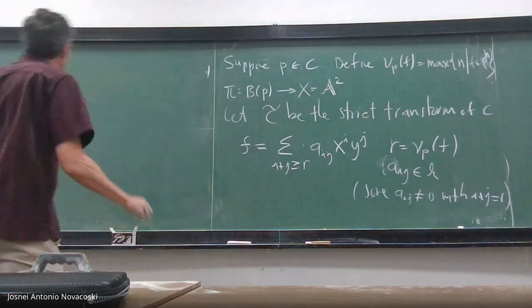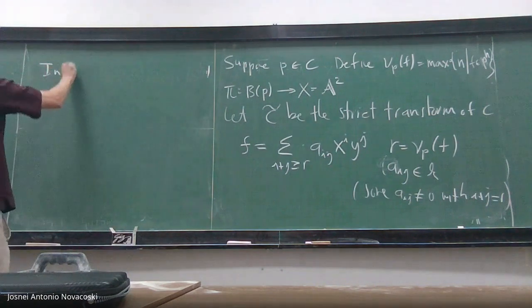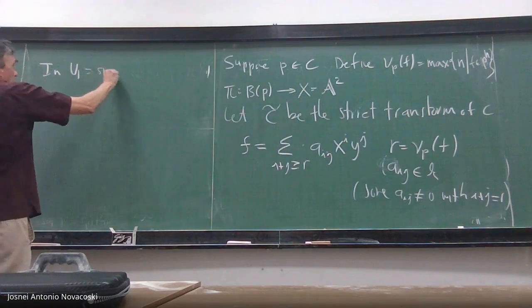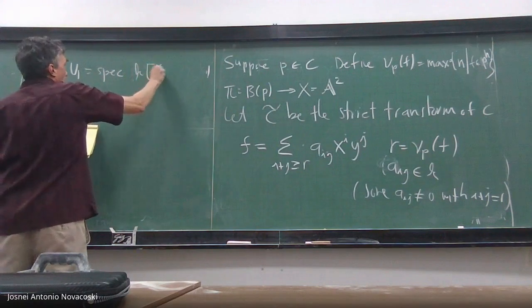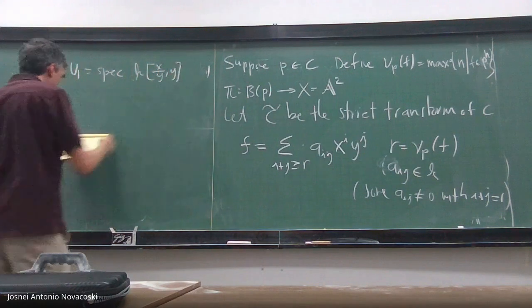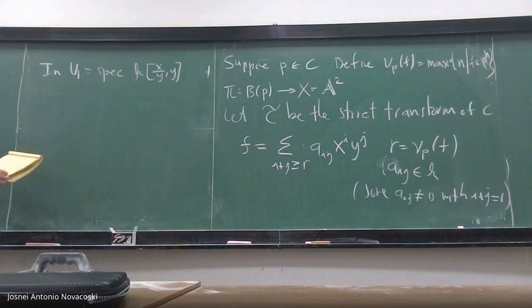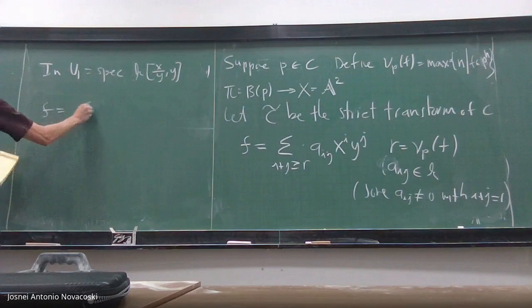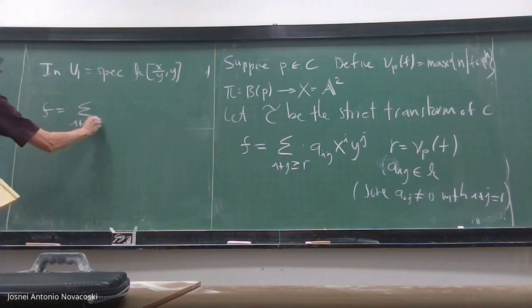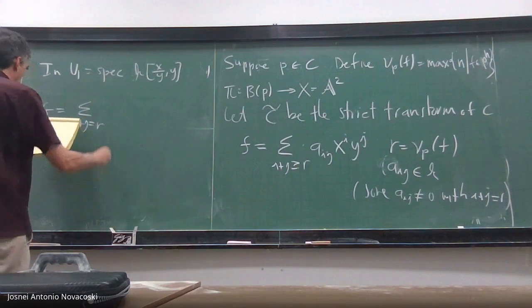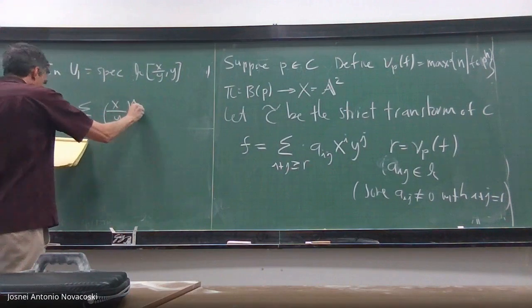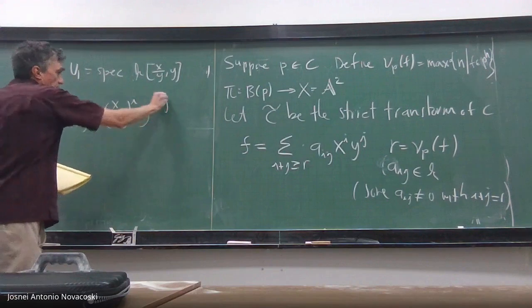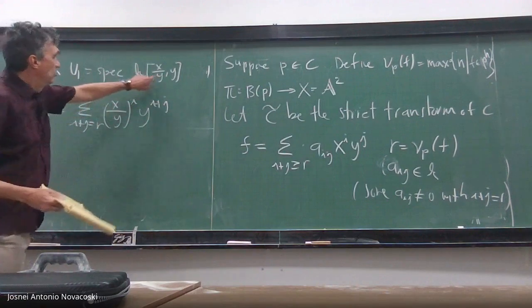In U1, we can rewrite F as the summation over i plus j equal to r of (x over y) to the i times y to the i plus j, because these are the two new coordinates.